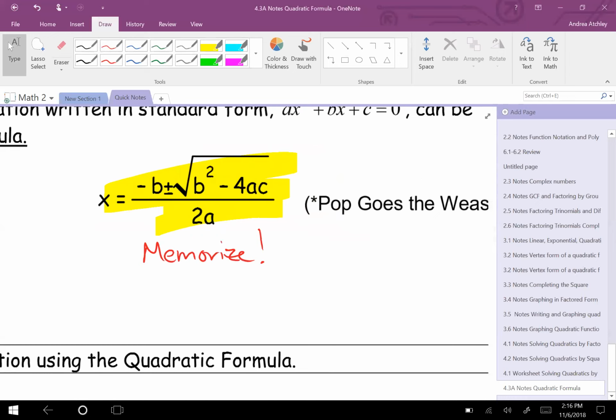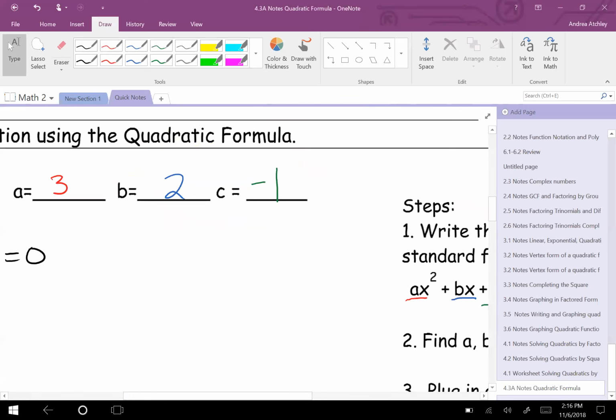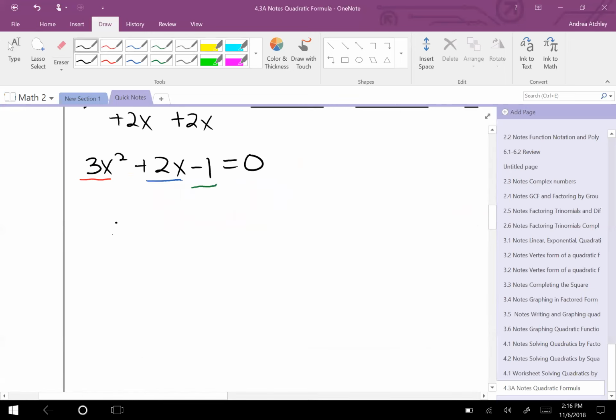X equals negative b plus or minus square root b squared minus 4ac all over 2a. Very good. Okay, so we're going to write it out.